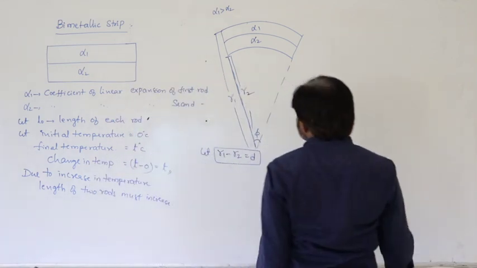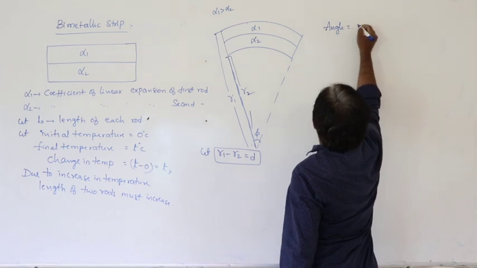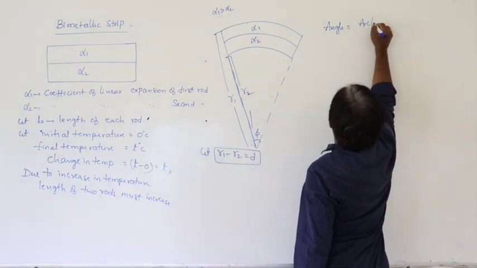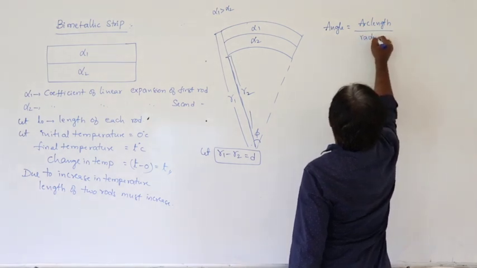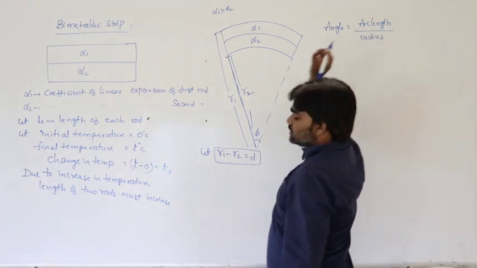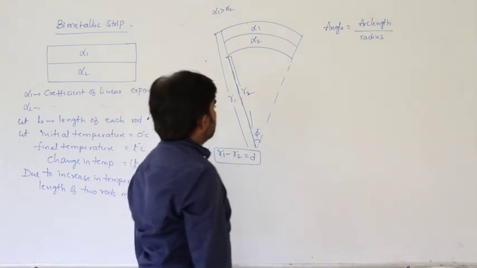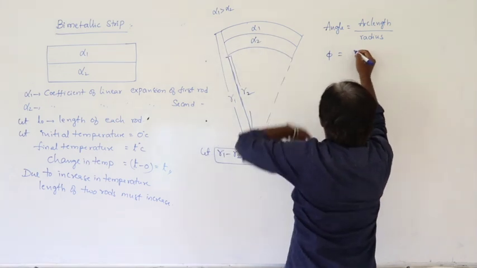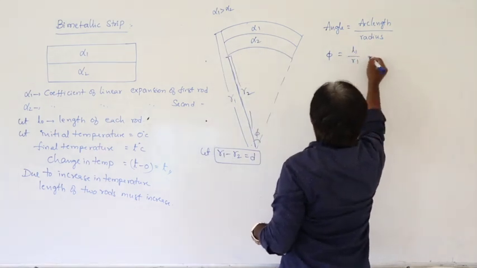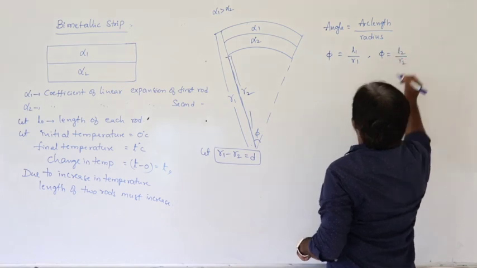Now, we know the angle subtended at the center is equal to arc length divided by radius. The angle subtended at the center is phi. For the first rod it is L1 by R1, and in the same way for the second rod it is L2 by R2.